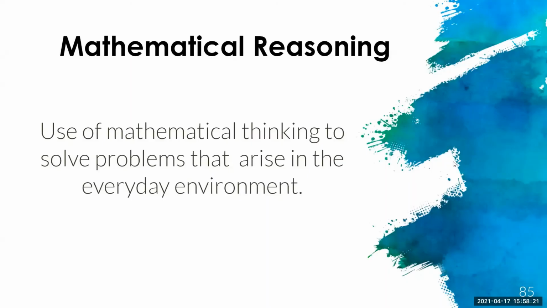Mathematical reasoning is the final strand of mathematical development that is recognized in the early learning foundations. It is the use of mathematical thinking to solve problems that arise in everyday environments.